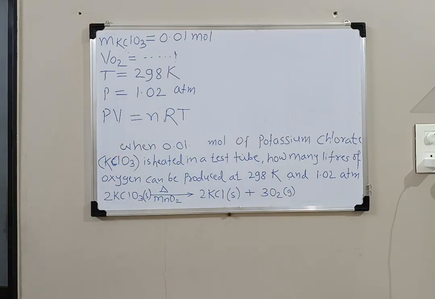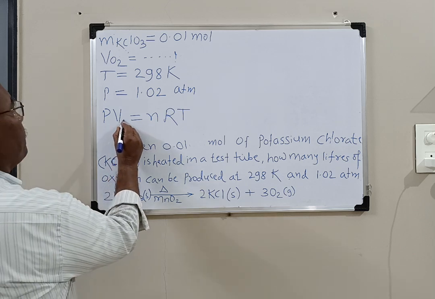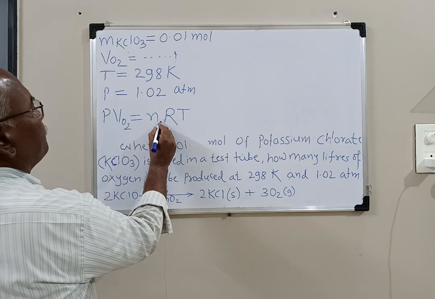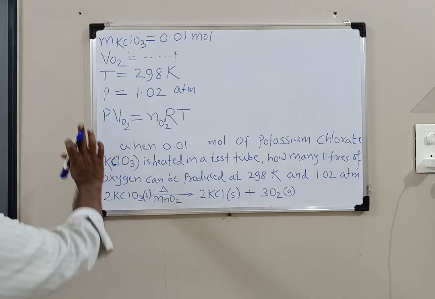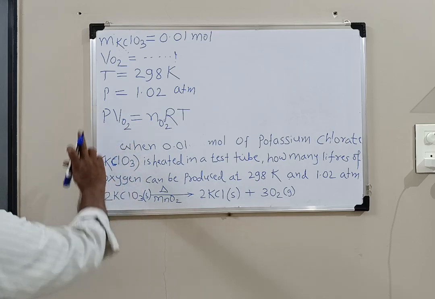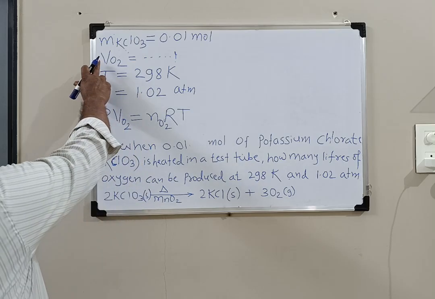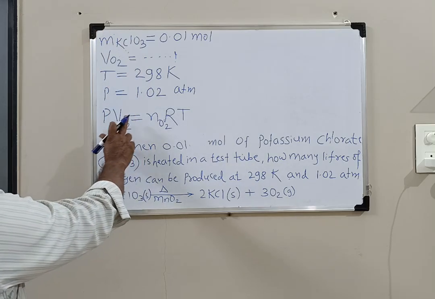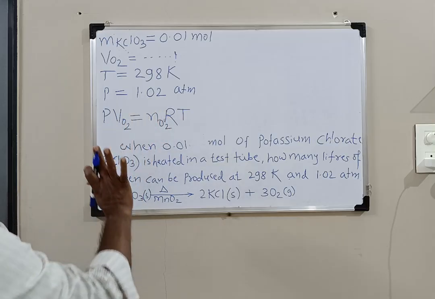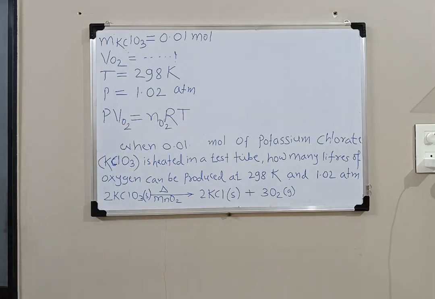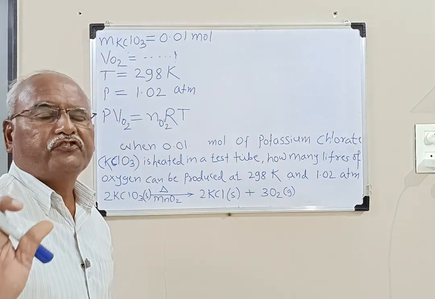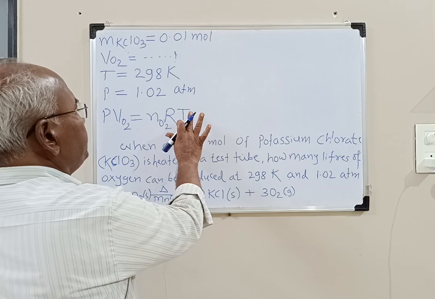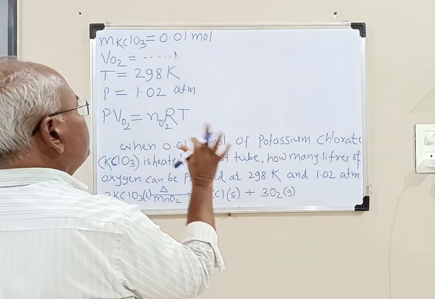That means volume of oxygen and moles of oxygen we want to calculate. In this equation, pressure is known, volume we want to calculate, number of moles of oxygen is also not known. Our gas constant is fixed, its value is known. Temperature in Kelvin is also given.